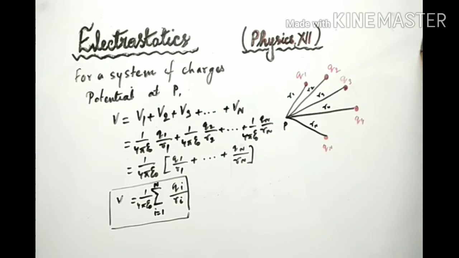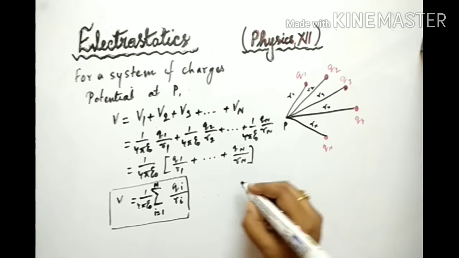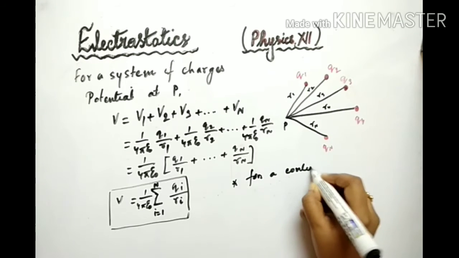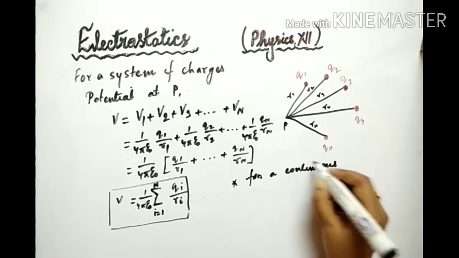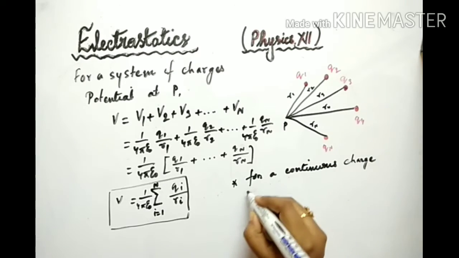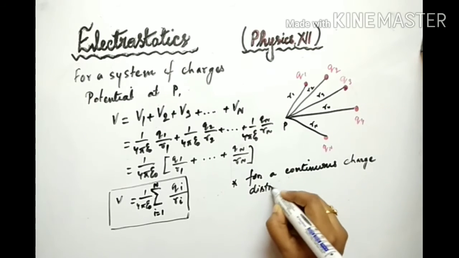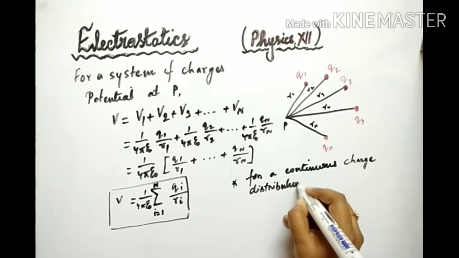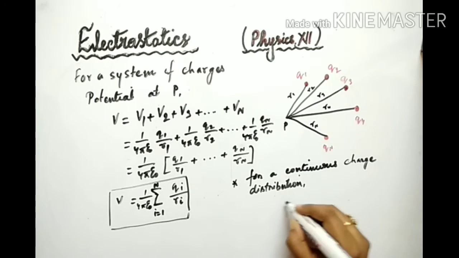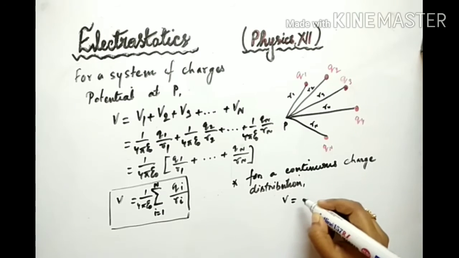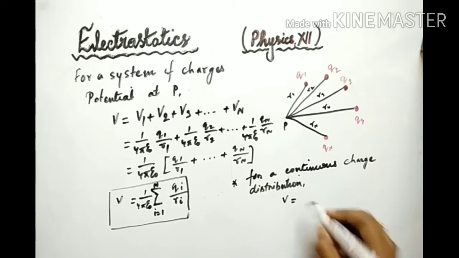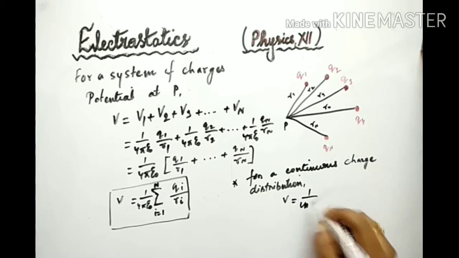Now for a continuous charge distribution, we can write it as V. Since you know, for a continuous charge distribution, the summation will not be there, it will be replaced by integration.